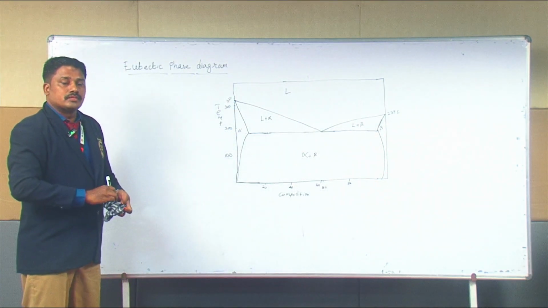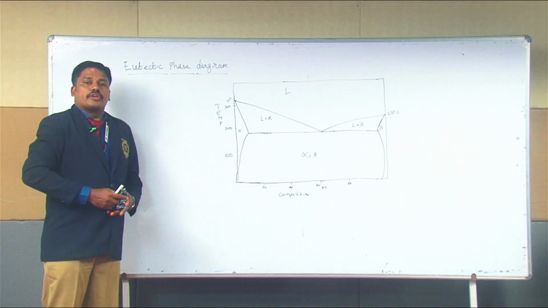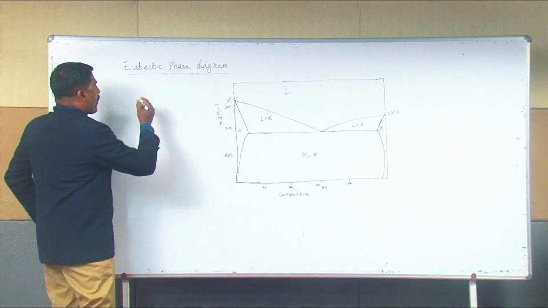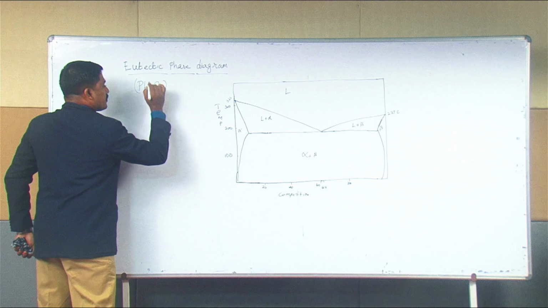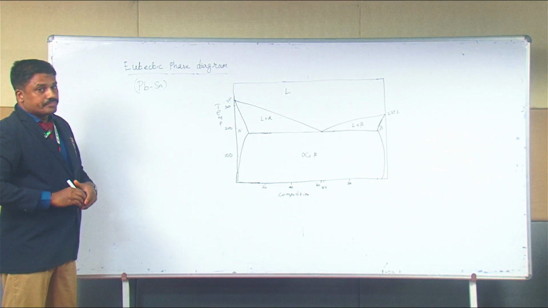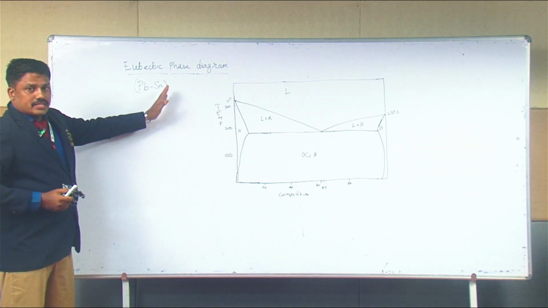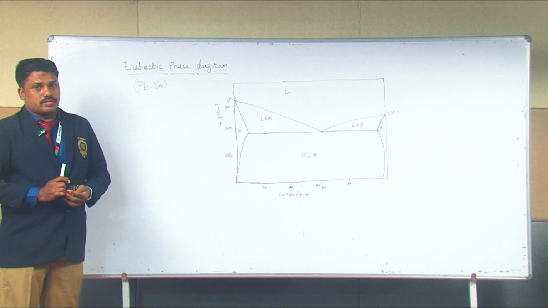Okay. So this is a eutectic phase diagram for the lead and tin system. In this eutectic phase diagram, tin is the solute.